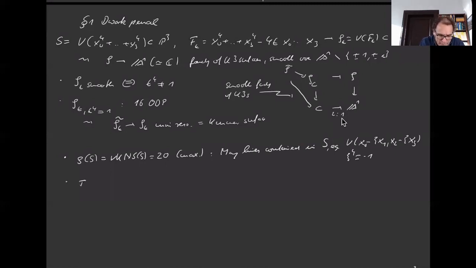Consequently, the transcendental lattice, which was the orthogonal complement, then has to be of rank 2, and its intersection form can be computed. It's rather easy. It's of this diagonal form.